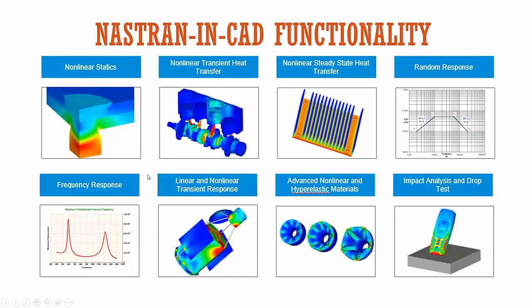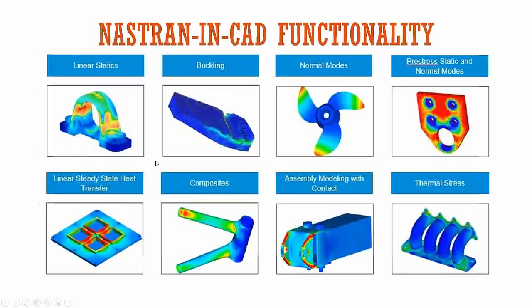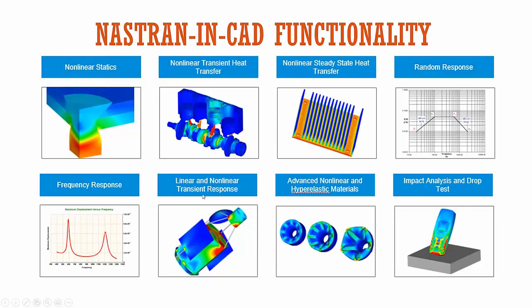So moving on to thermal stresses, then transient heat transfer, nonlinear steady state heat transfer, random response, frequency response, linear and nonlinear transient response, advanced nonlinear and hyperelastic materials. I've been working with a few hyperelastic materials, and it gives me a good response, and it shows me that it can be done in Nastran.